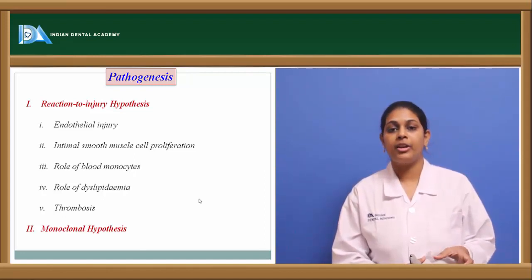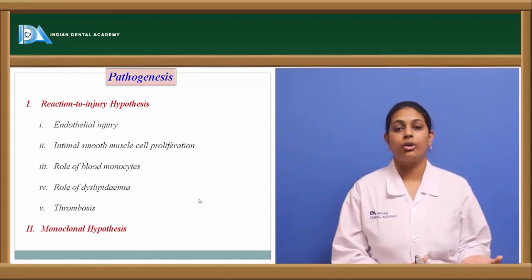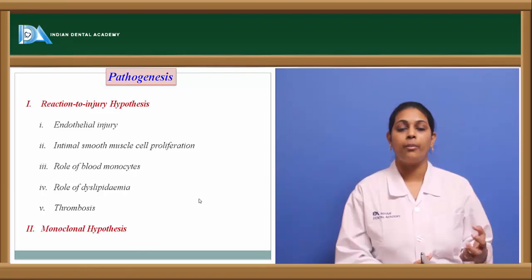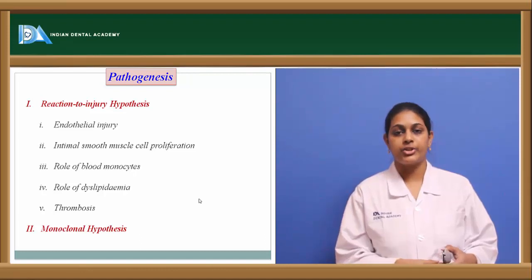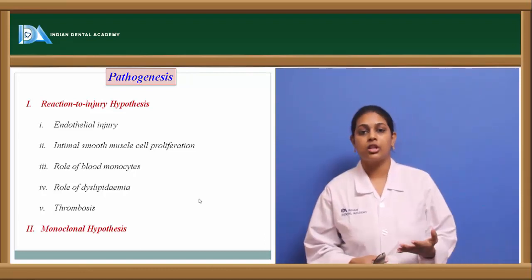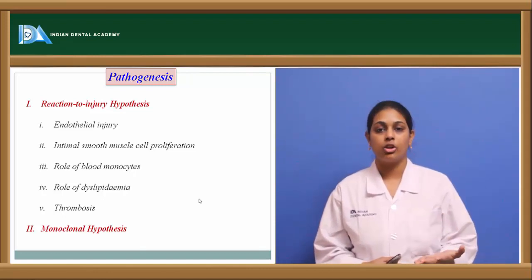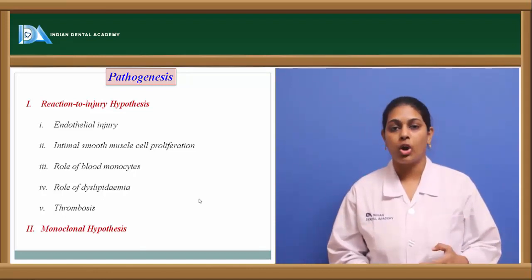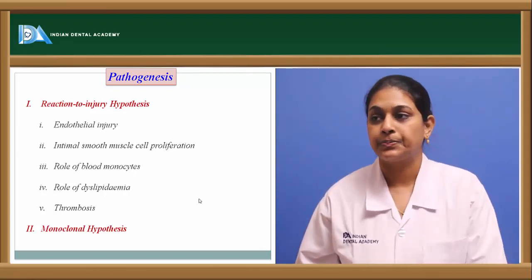So this fibrin plaque might result in further accumulation of platelets and result in thrombus formation, and this thrombus is more prone to develop calcification and result in formation of atherosclerotic plaque. So this contributes to the pathogenesis of how the atherosclerotic plaque forms, by the monoclonal hypothesis and by the reaction to injury hypothesis.